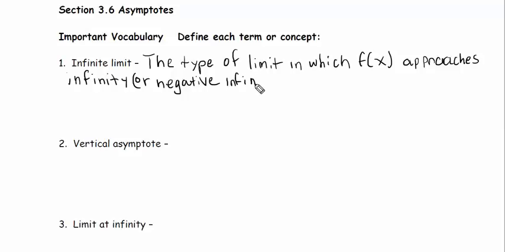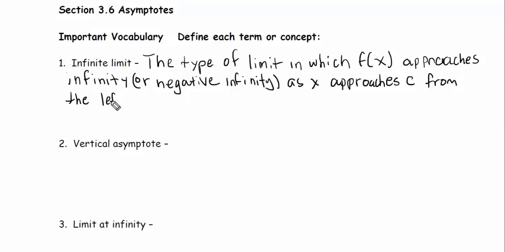That is why it is called an infinite limit, as x approaches c, some number c that's in the domain of f of x, from the left or from the right.